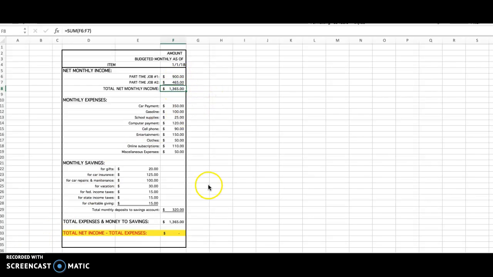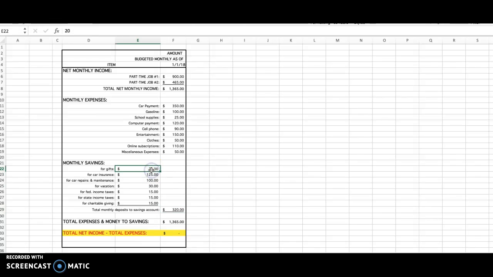Let's look at one more total way down here under monthly savings. You have a number of things under monthly savings. The total is in this cell F29, column F, row 29, and you see up here in the formula bar, this is the formula for the total, equals sum E22 colon E28.